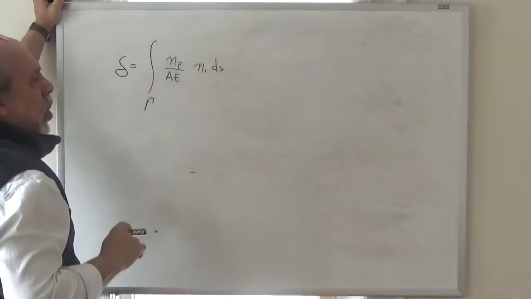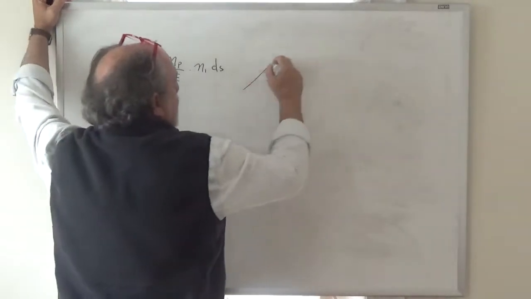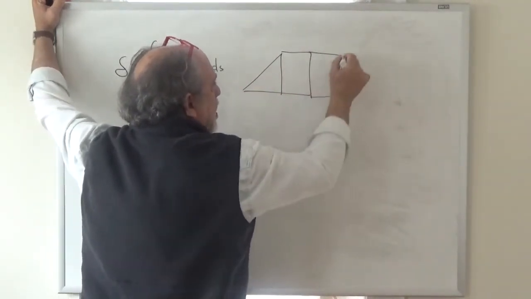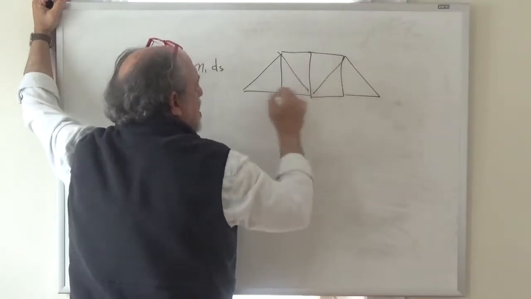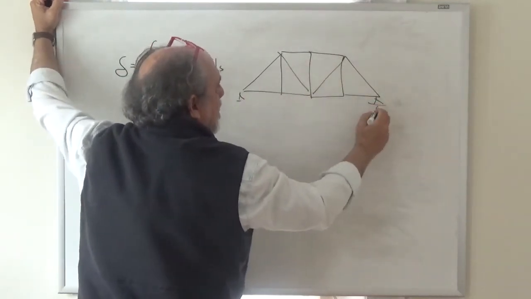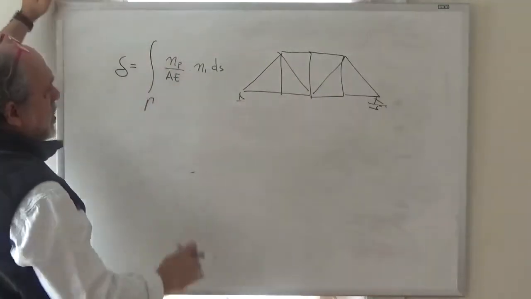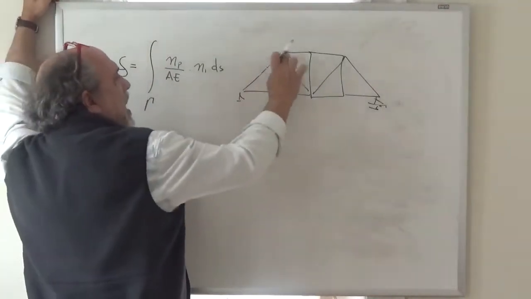Now, on a truss, I'm sort of repeating what I did in class, but just doing it again cannot hurt. In a truss, it's mostly air. So this integration over the complete structure really means integrate over every bar.